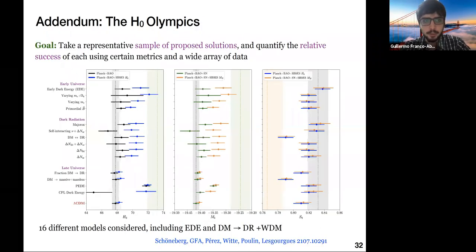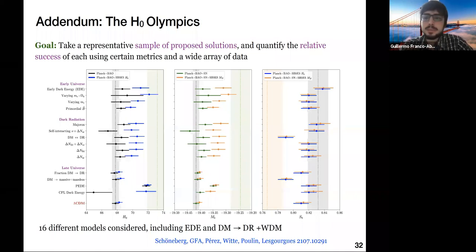So yeah, just before concluding, I would like to mention that I participated in a project that we call the Hubble Olympics, where we essentially wanted to understand which are the best mechanisms for resolving the Hubble tension. For doing that, we took a sample of 16 different models that include the early dark energy and the dark matter decay model that I just mentioned before.